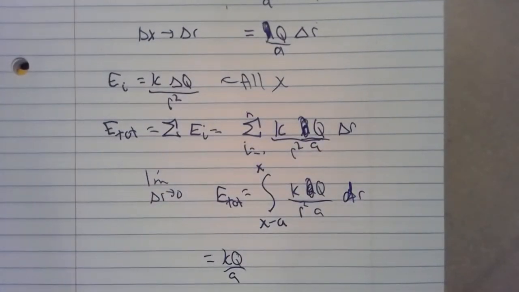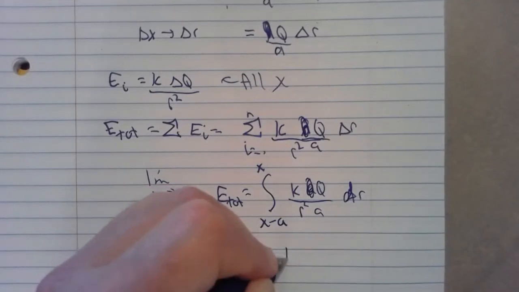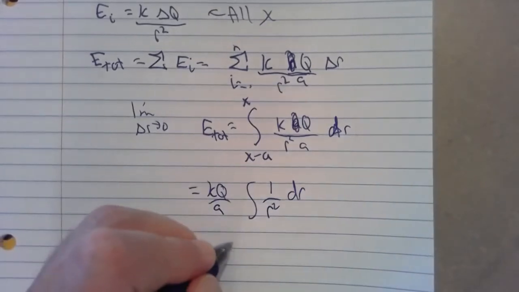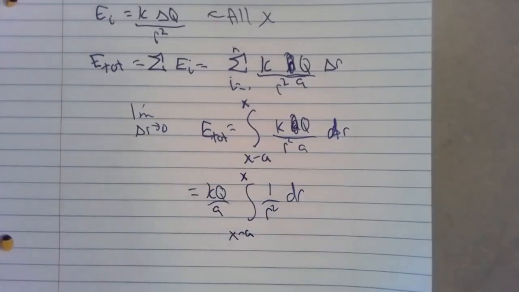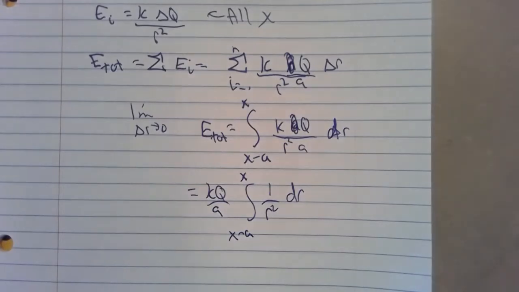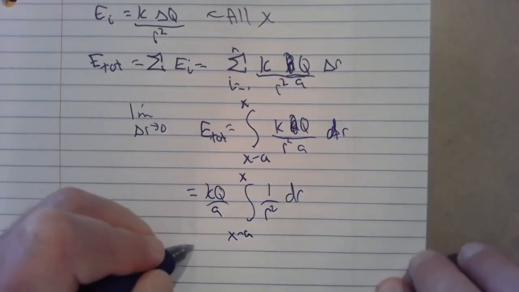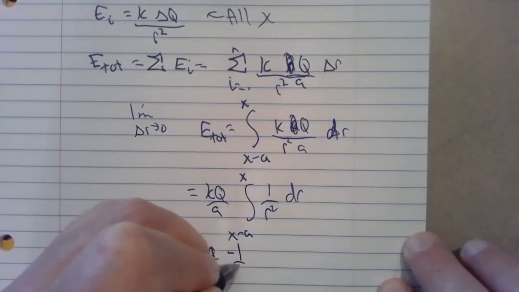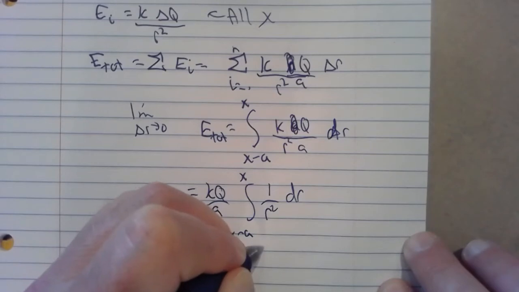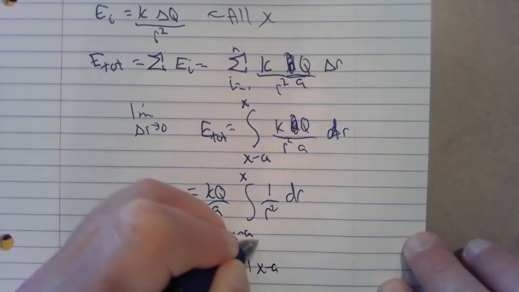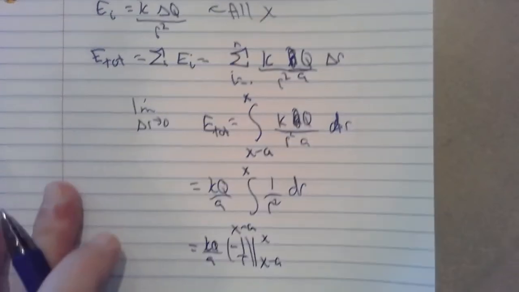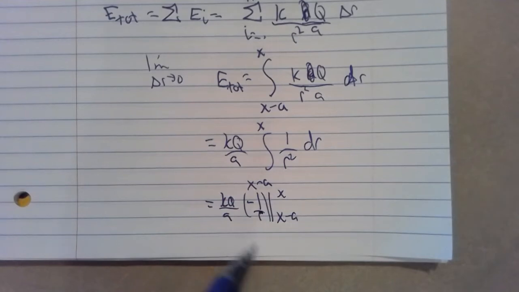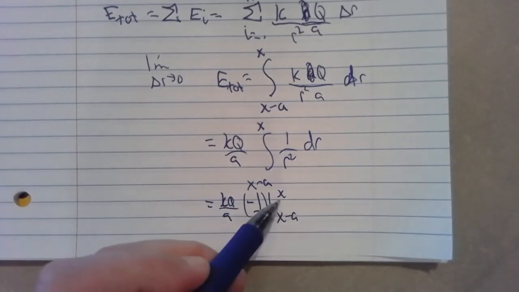This is a dr. And we have the integral of 1 over r squared dr, evaluated from x minus a to x. Antiderivative of 1 over r squared is negative 1 over r. So this will be kq over a, negative 1 over r, evaluated from x minus a to x. And at first that might bother you, having a negative 1 over r, because we know we're going to get a positive electric field, but we'll fix that here.